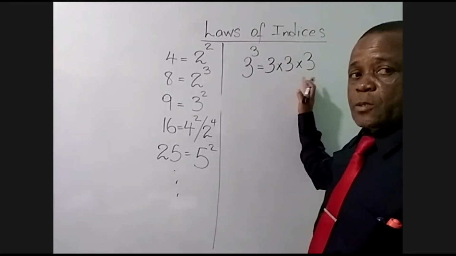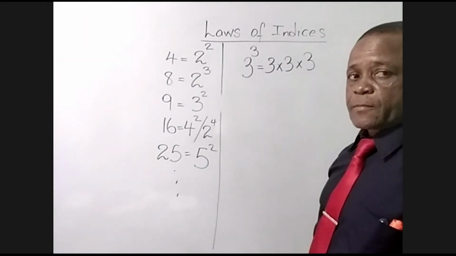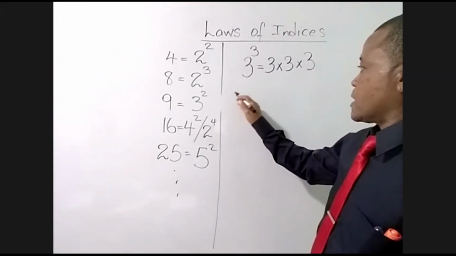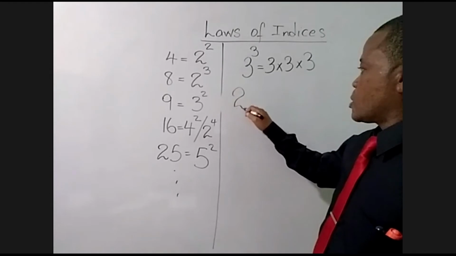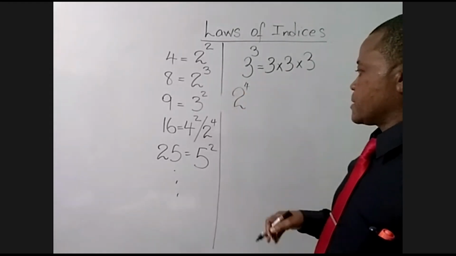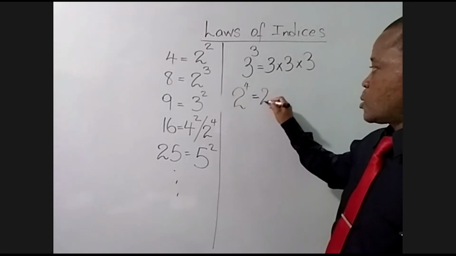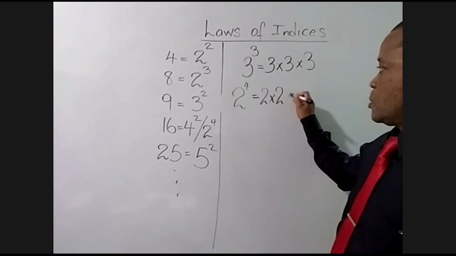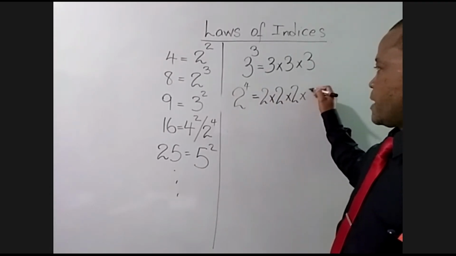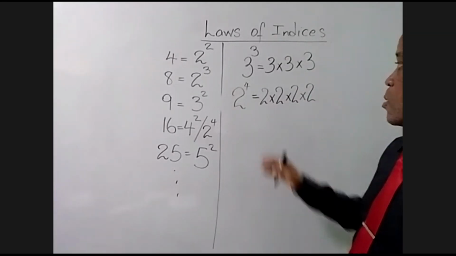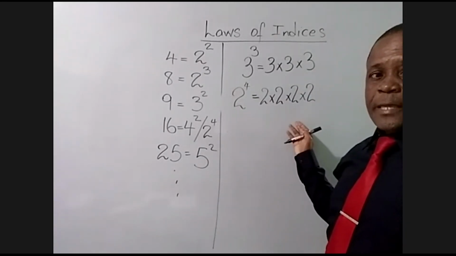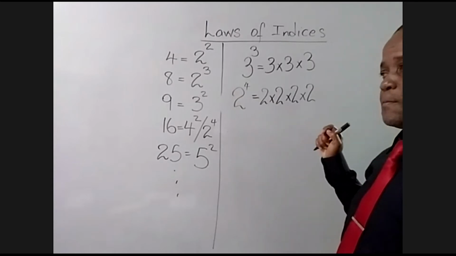Now we know that the answer to that would have been 27. All right. Now what about, say, 2 to the fourth? This would have been 2 times 2 times 2 times 2. We realize that that would have been 16.